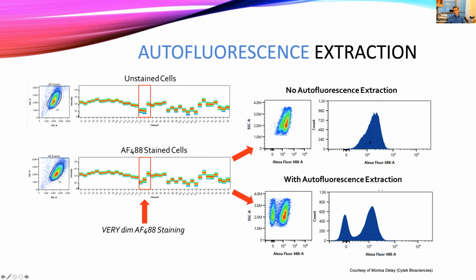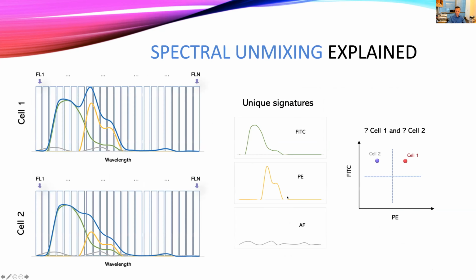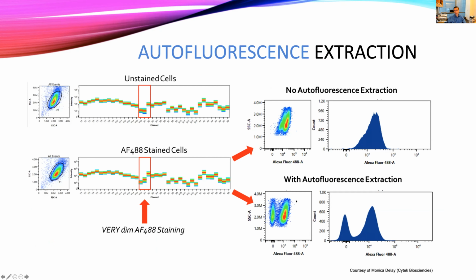As you can see, it's very difficult to distinguish and to separate these two populations. Once we extract autofluorescence, sorry guys, I'm pressing the wrong button. When we extract autofluorescence, what ends up happening is that now we're just seeing Alexa Fluor 488 in the Alexa Fluor 488 channel, and the autofluorescence should be equal to 0 because we've extracted the autofluorescence completely from this fluorochrome.